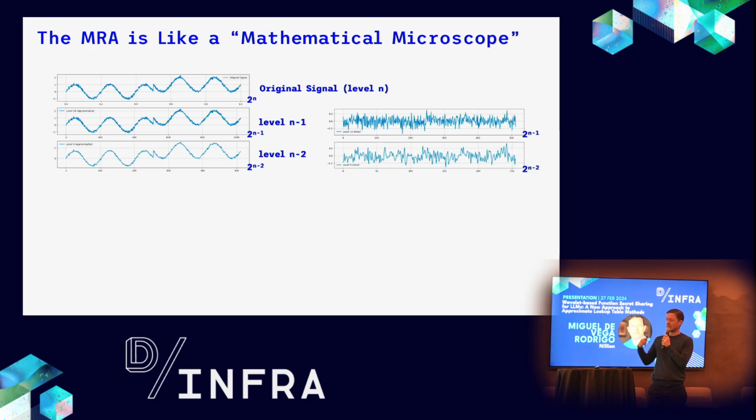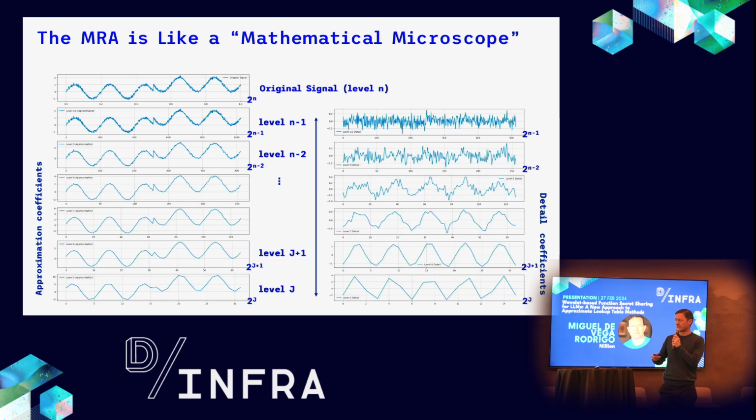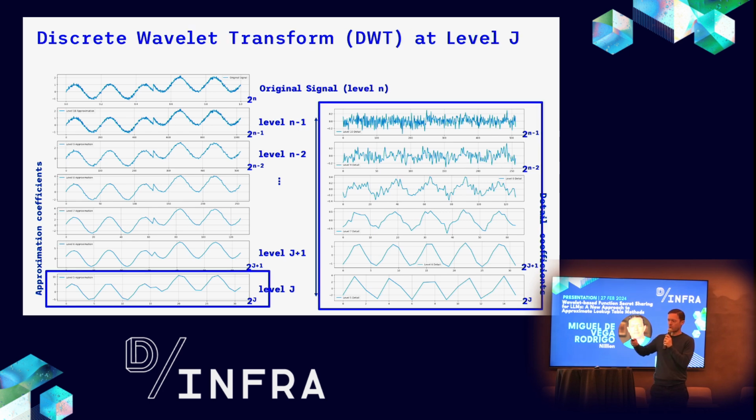And we can repeat that again to another level, less information, but again, we're capturing the information that we lost on the right-hand side. We can do that for a number of levels until, let's say, we stop at level j, where we have a small number of samples, just 2 to the power of j. That approximation, together with all the details that we lost when going from the original representation, is what we call the DWT at level j.